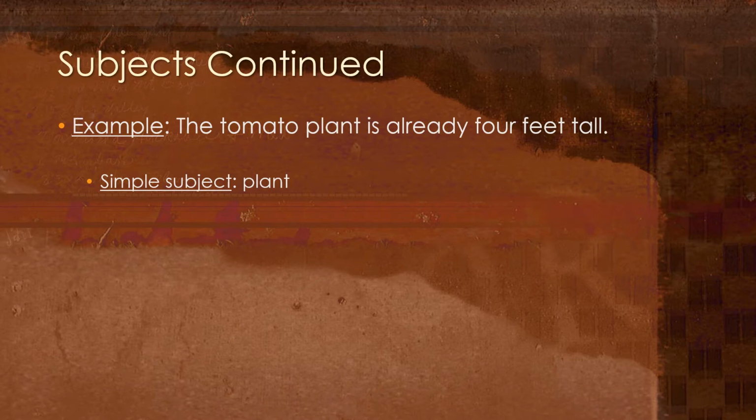And in this case, the action is what we talked about before in the previous lesson, a passive verb, is. Okay, it exists. Okay. In which case, if we add any kind of description words along with it, the adjective is tomato, okay, because it tells us what kind of a plant it is. Okay? So tomato plant then will be the complete subject, and the simple subject would just be plant.